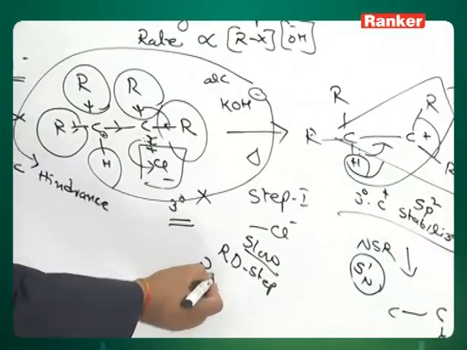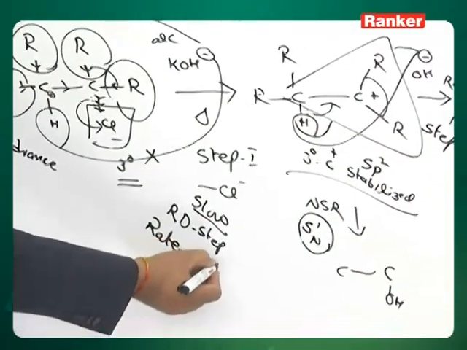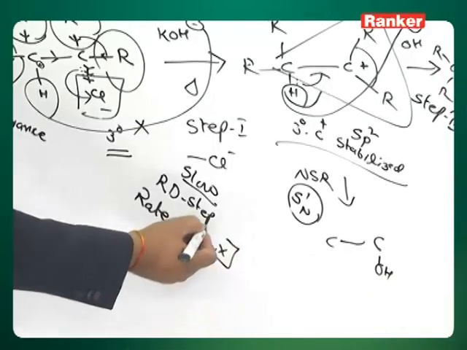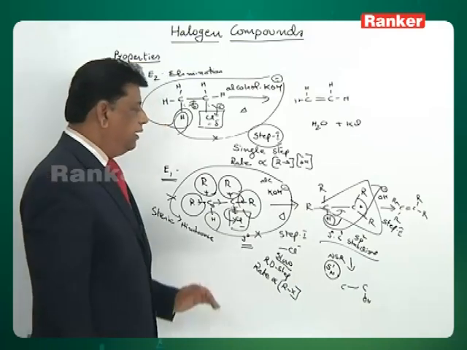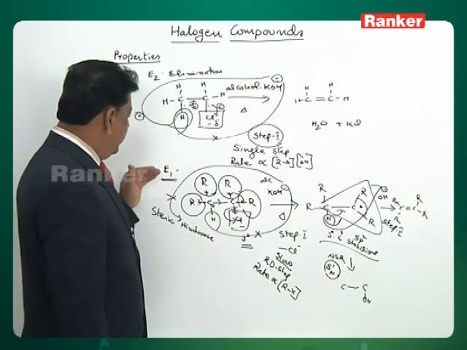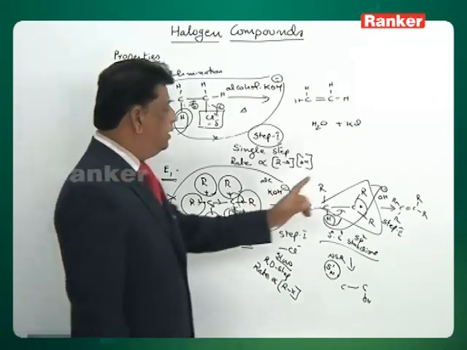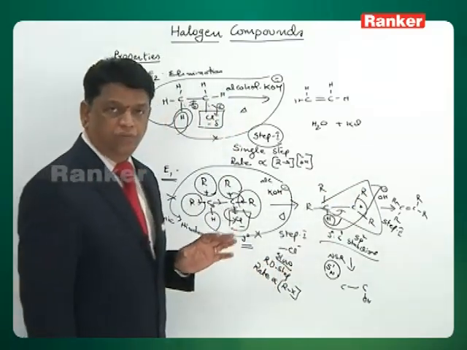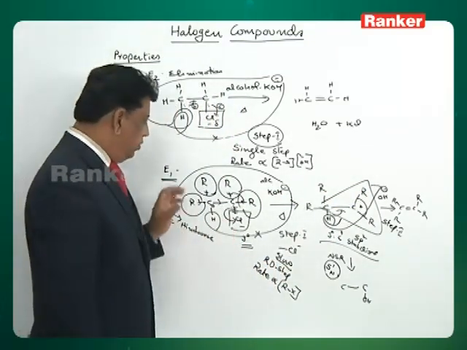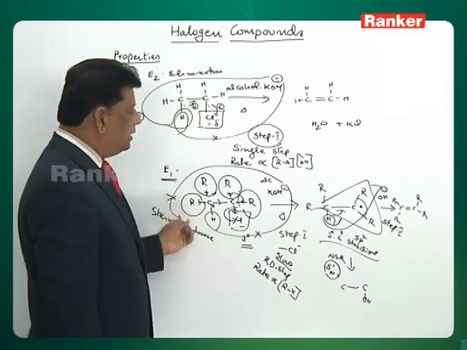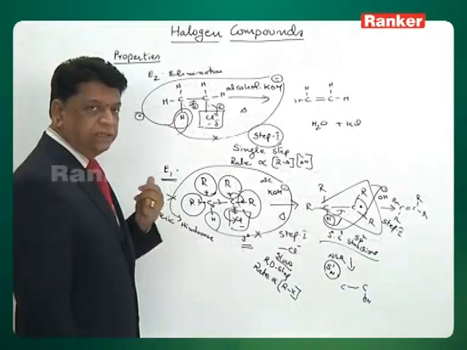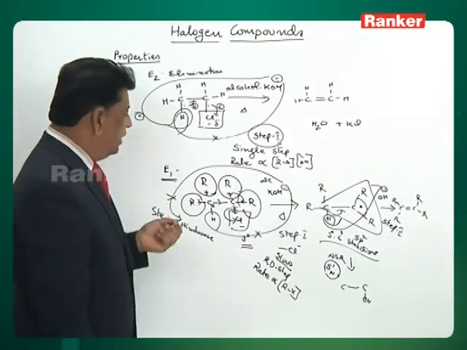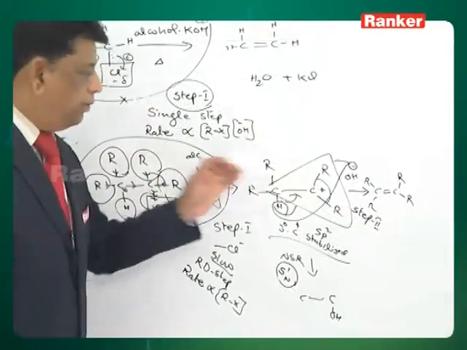Therefore, the rate depends on only the alkyl halide concentration, but not on the concentration of the OH minus. Therefore, we can state that the E1 mechanism is independent of the nucleophile or OH minus concentration. Only the alkyl halide is the rate determining molecule. So, therefore, it is called E1. 1 stands for the unimolecular elimination reaction, which passes through the carbocation.